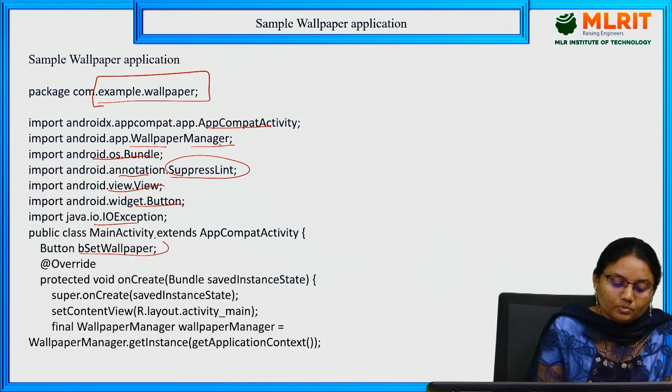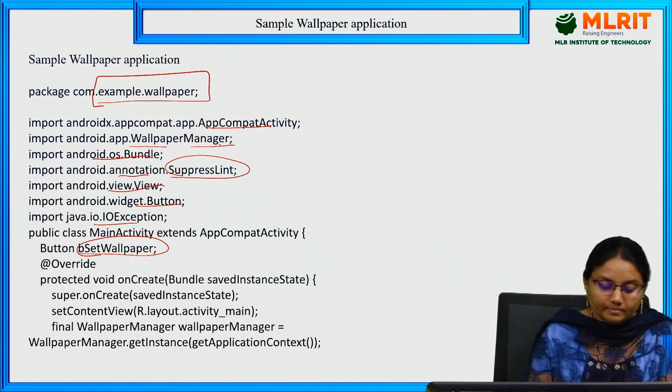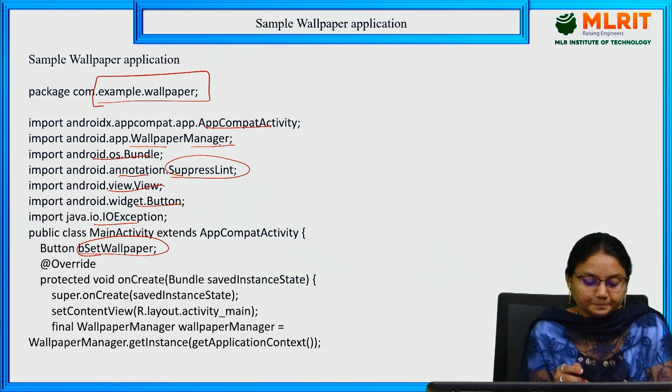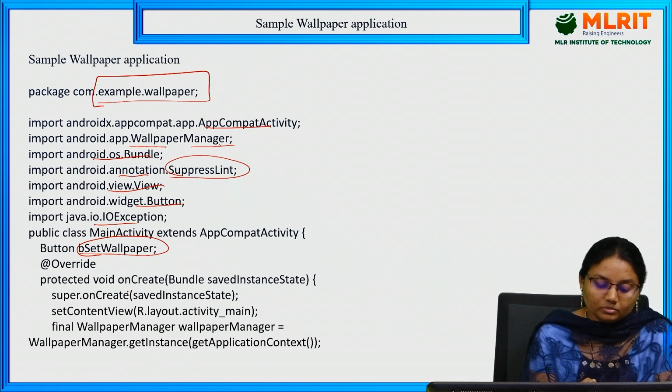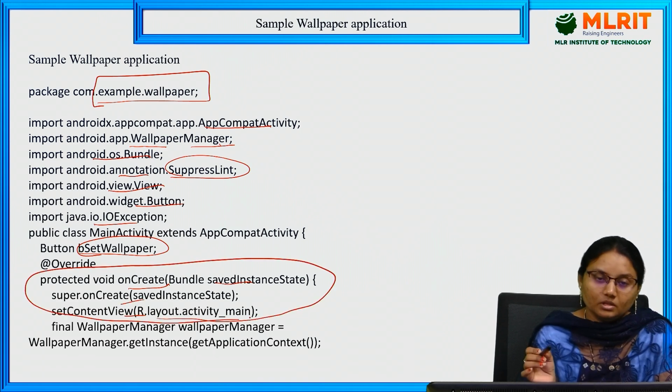Button b_setWallpaper. This is a variable that you have created, the object for the Button class. And now onCreate(Bundle savedInstanceState), setContentView, which is most common in all the programs.